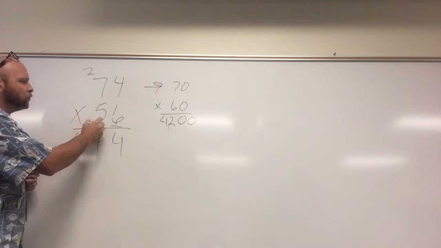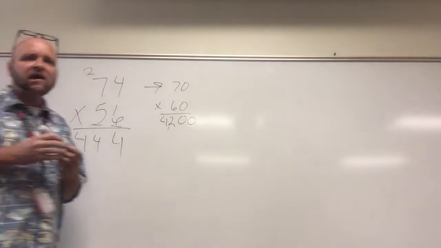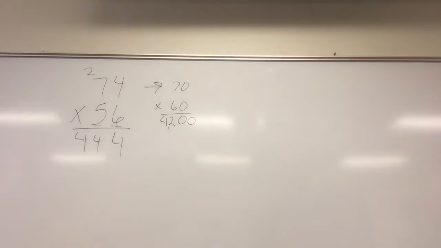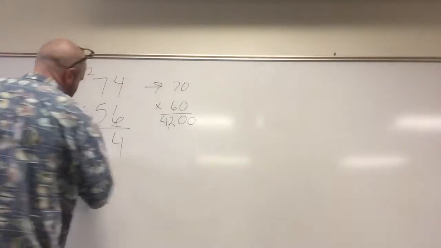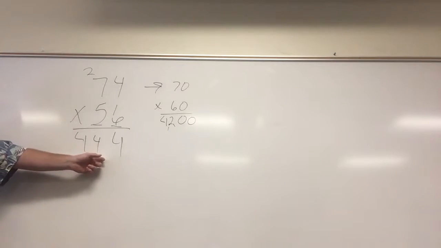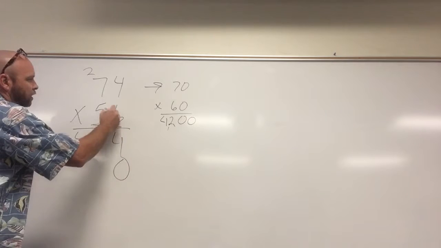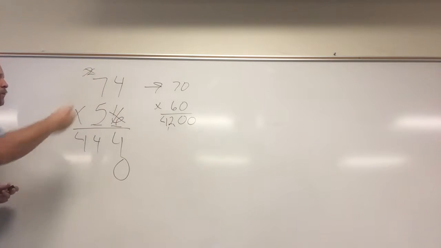I am moving to multiply in my 5. My 5 is in what place value? The tens place. Since I want to multiply by the tens place, my first number needs to start in the tens place, so I'm putting my 0 there. I'm done with my 6, and I'm done with what I carried.